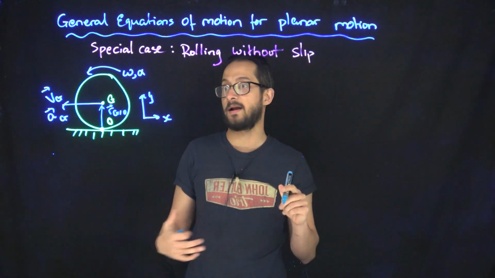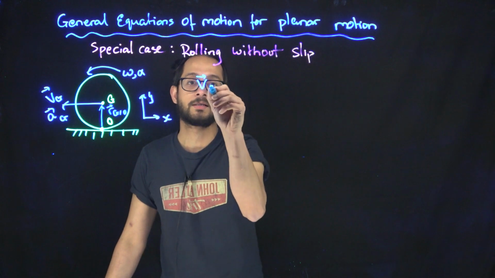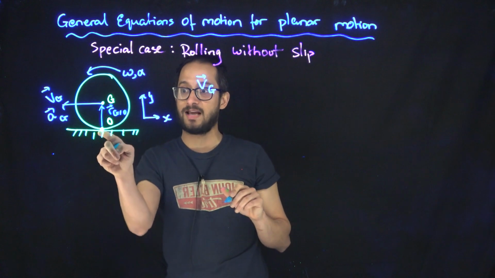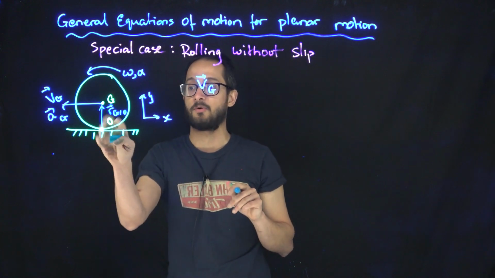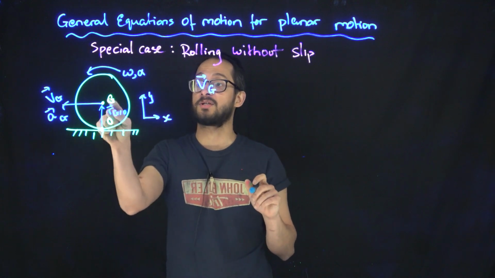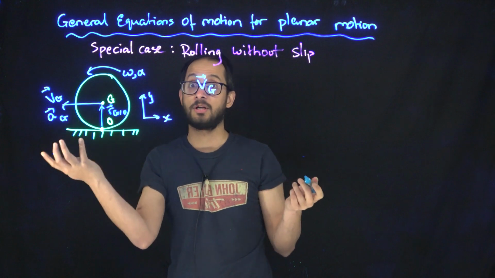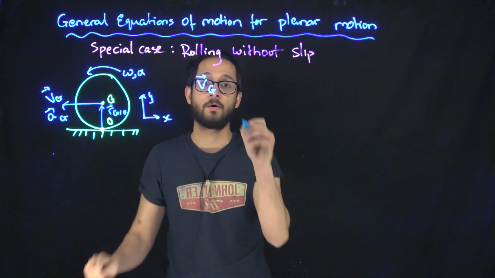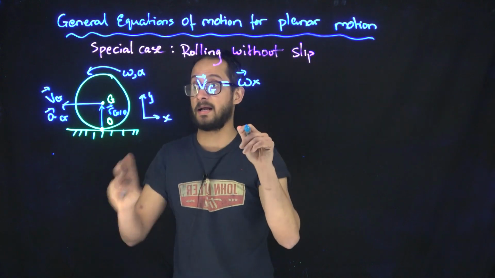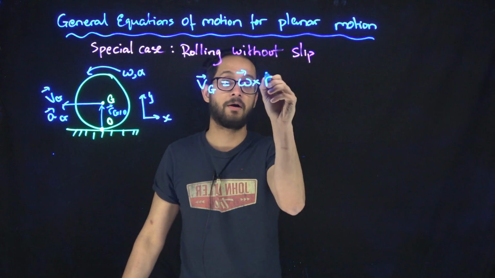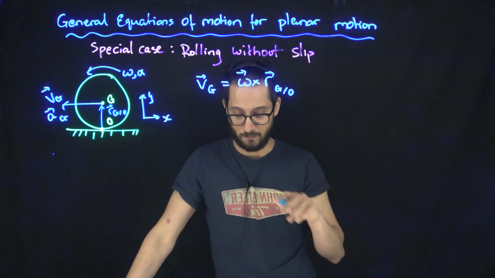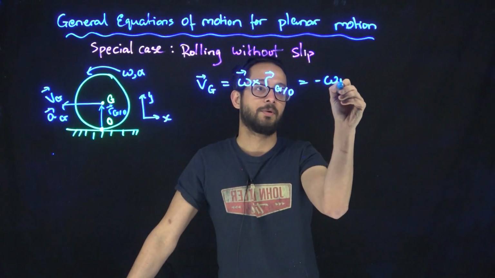From the kinematics of the problem, if I look at the velocity of the point G, we know that the instantaneous rotation is happening about the point O. So if I put my rotating frame of reference there, I have VO, which equals 0, plus the velocity of G relative to O, which equals 0 because G remains fixed with respect to O. So I only have omega crossed with R of G relative to O. If I write it out in vectorial form, it's minus omega R i hat.